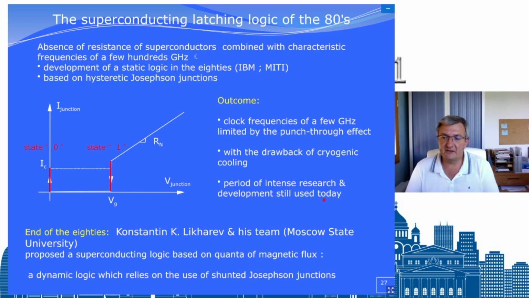And history has shown that every time with superconductors you mimic semiconductors, you fail. One of the reasons, I think, is that the fundamental physics behind semiconductors and superconductors is not the same, right? Semiconductors are based on electrons or fermions. They follow certain statistics, they have certain properties. Superconductors are based on Cooper pairs and bosons, and it's totally different.